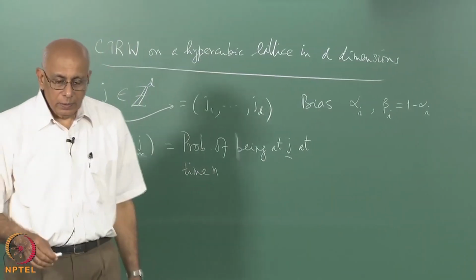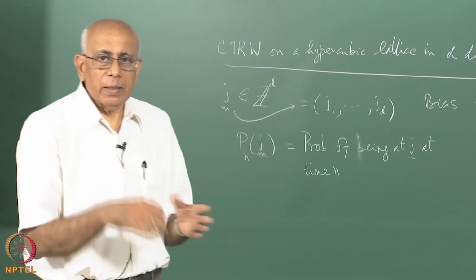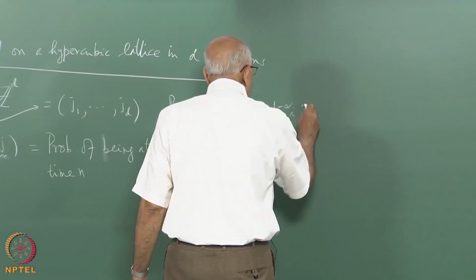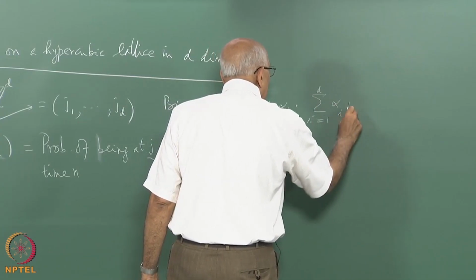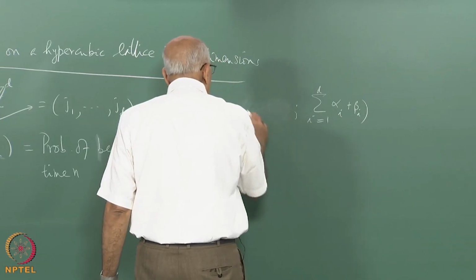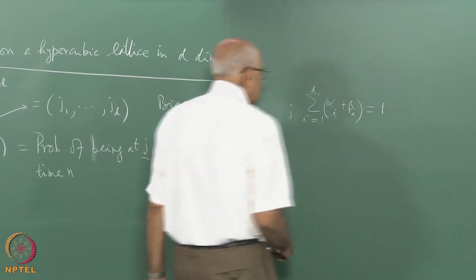Okay. So in the dimensionality 1 to d, any one of them could have a bias, but we also need to know the total probability must be 1. So we also need to write summation I equal to 1 to d of alpha I and beta I. In general, after you sum, this is equal to 1.